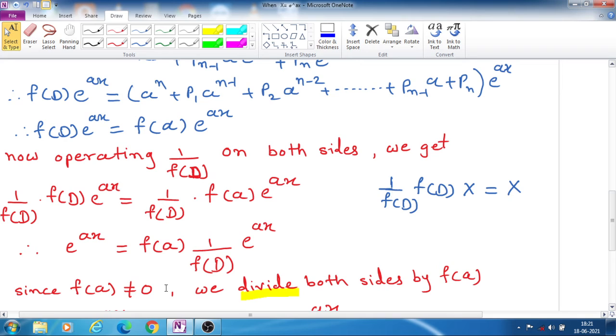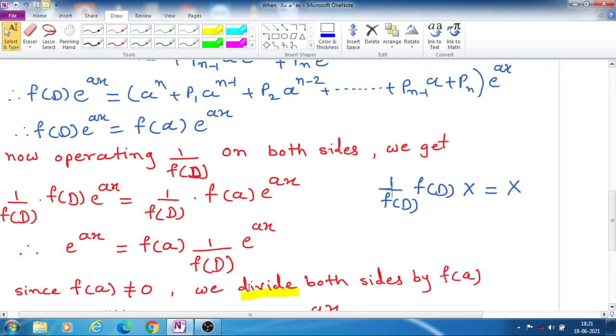now here f(a) means the polynomial f(D) when we substitute D by a. Here a means constant, which is the coefficient of x in the term e raised to ax. This a is a constant.